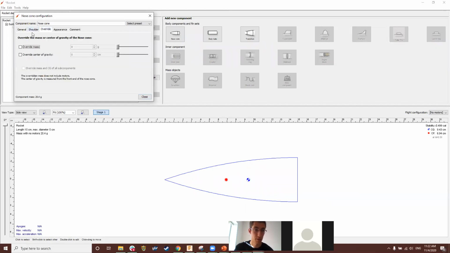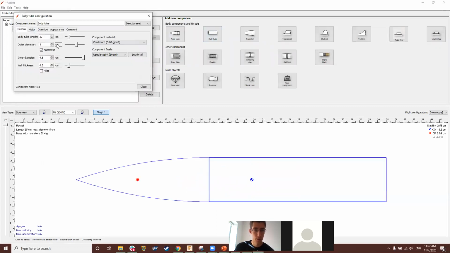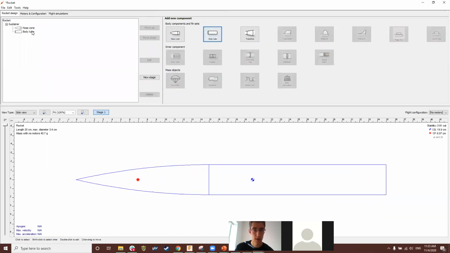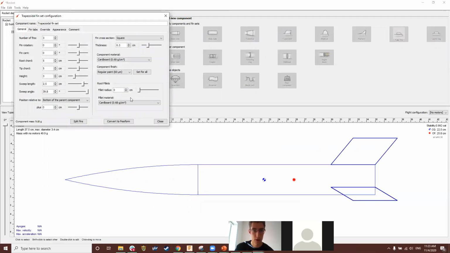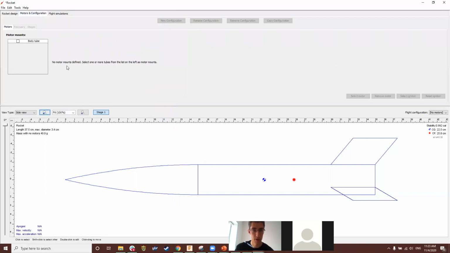So all the rest doesn't matter that much for our starting point for level 1 certification. Then you do the tube, you can change the diameter, and then you do fins. You can have 4 fins. I recommend 3. There's just less chance that one of them will break. Well, and you alter all those kind of parameters.